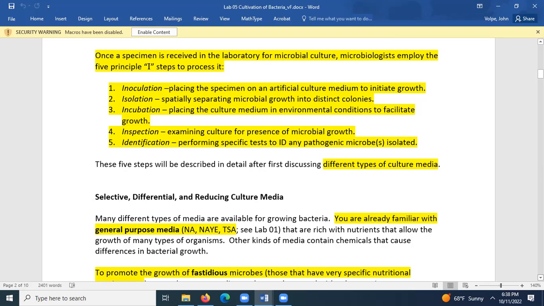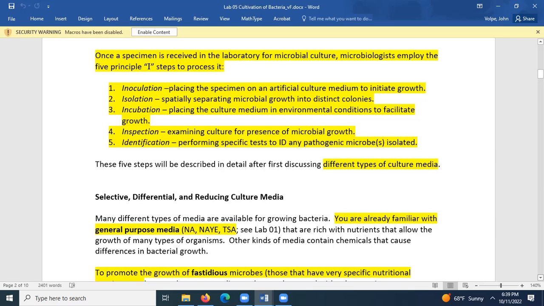Second, you then need to isolate the specimens so that you spatially separate microbial growth into distinct colonies. We'll talk a little bit more about this, but you need to do that before you can get a pure culture. And you really can't study a specimen, at least for clinical study, until you have a pure culture.